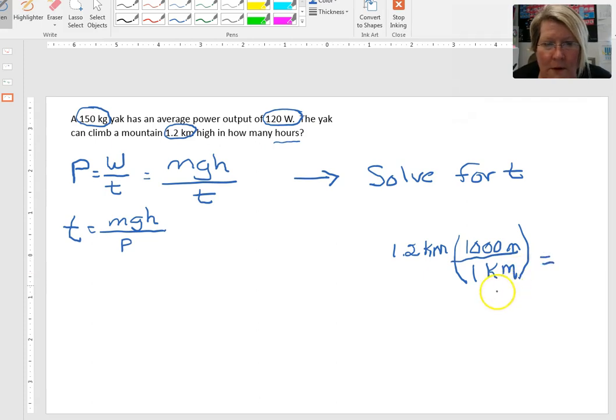That's a little more readable. And that comes out to be 1,200 meters. All right. So now we have our height in the right unit.